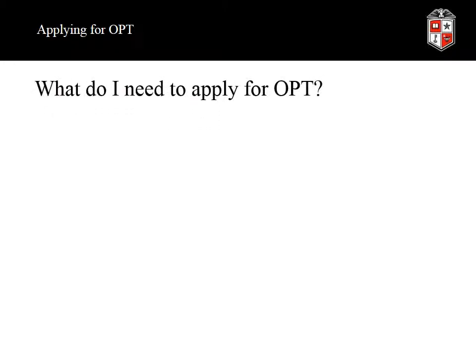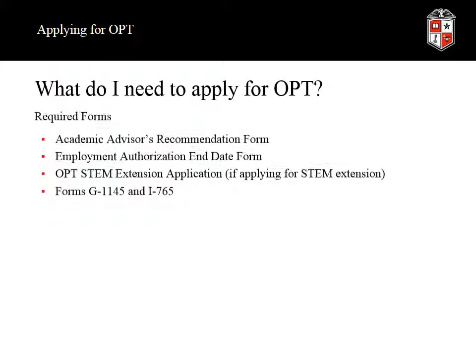Here is what you will need to apply for OPT. Some of the required forms include an academic advisor's recommendation form, an employment authorization end date form, and if you are applying for the STEM extension, you will also need the OPT STEM extension application. We will also have you fill out 2 different government forms to send in with your application.